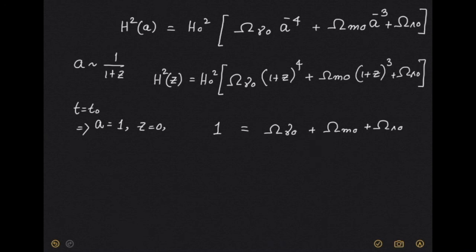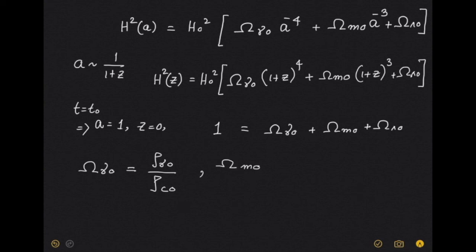Okay, so this set of equations which is in front of you now are considered to be the most important equations of the standard cosmology. Let me keep here the other definitions also.